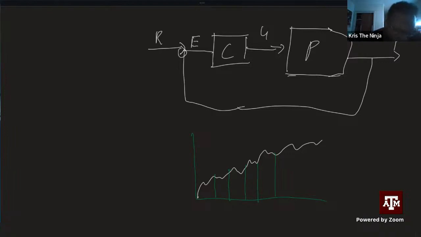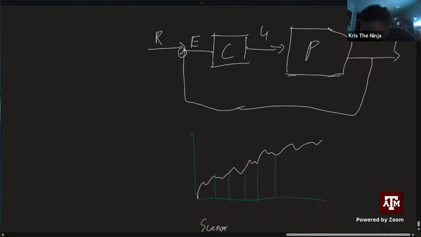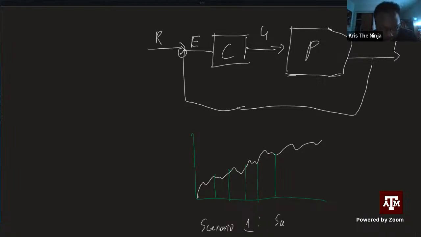But you can have a couple different scenarios. Scenario one: the sample interval is small, or the sample rate is high.